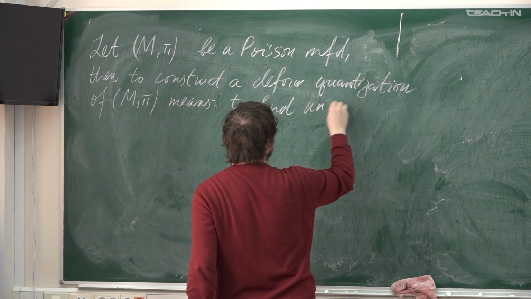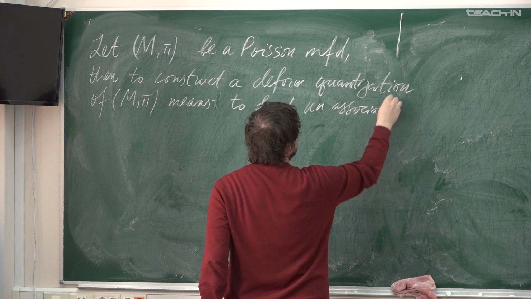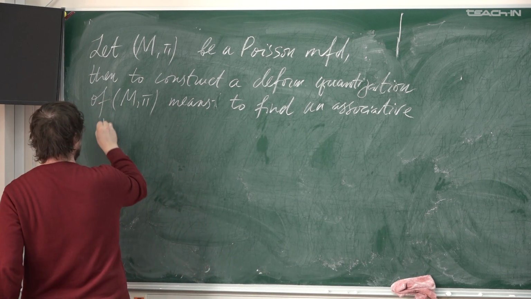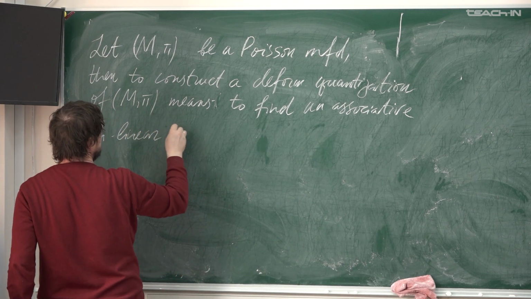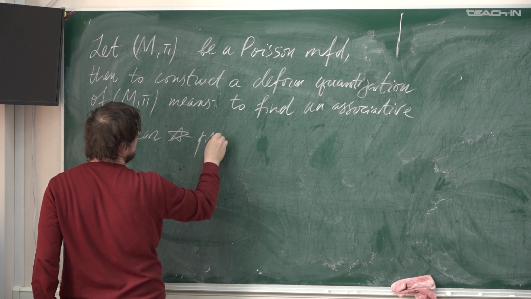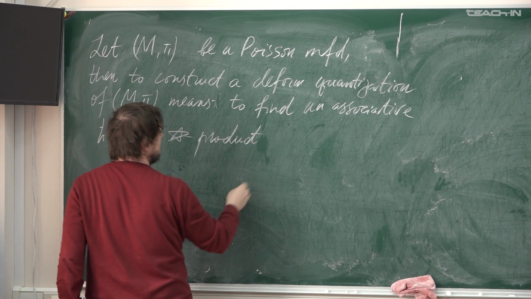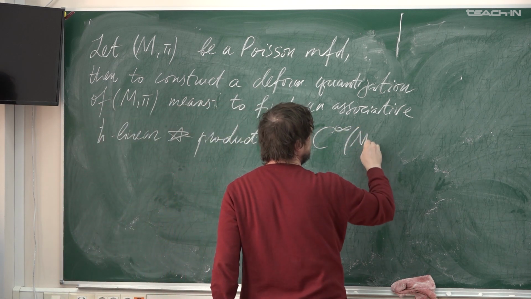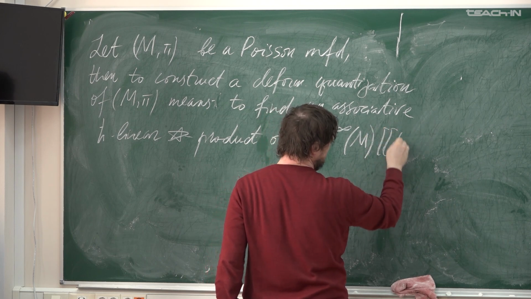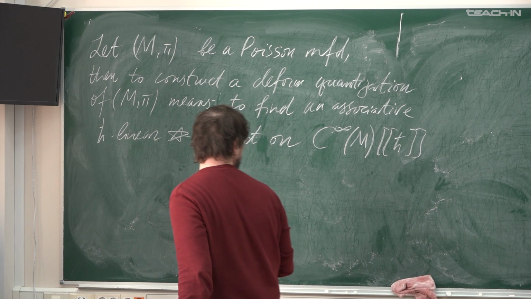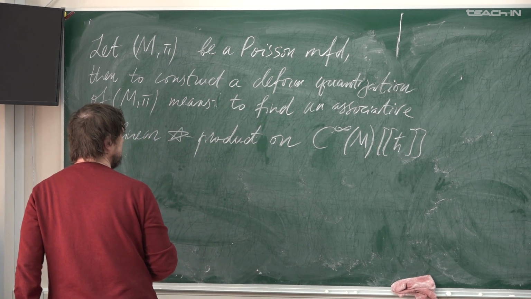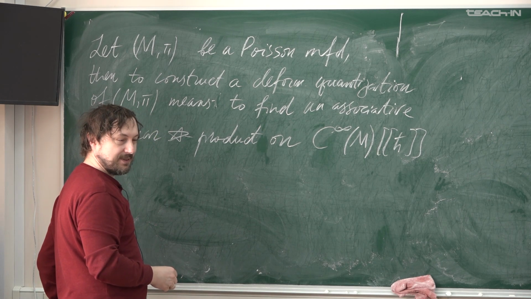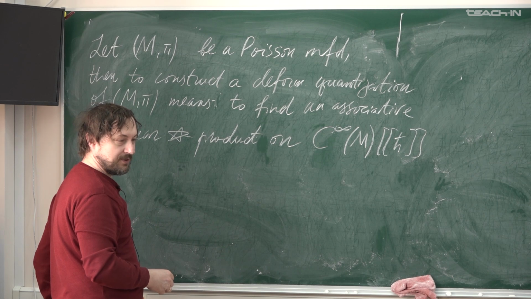an associative, h bar linear star product on the space C infinity of M, enhanced by taking formal power series with respect to the variable h bar. Simply Moyal form. Not Moyal, well, the Moyal was an example of this. Now this is much more general.